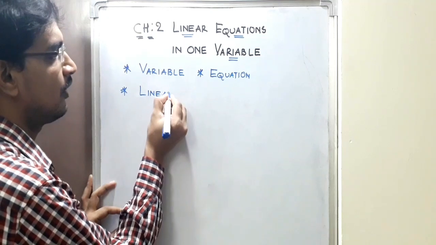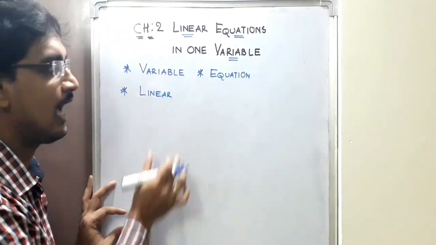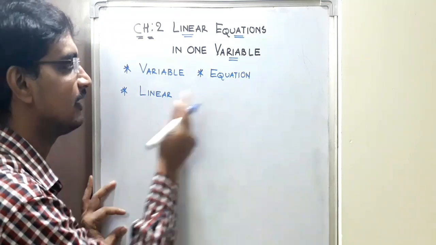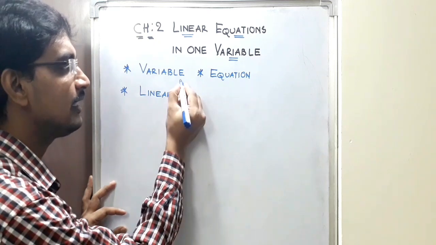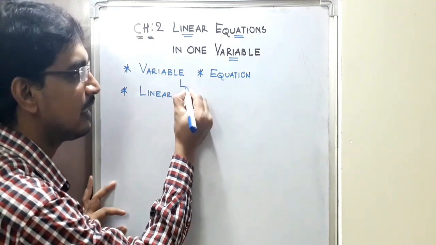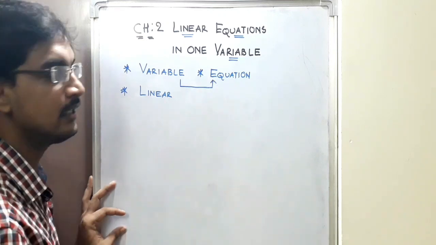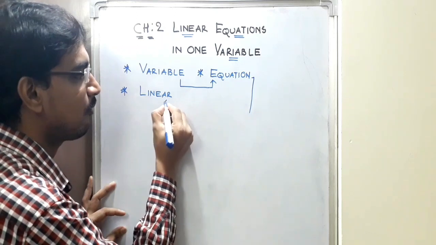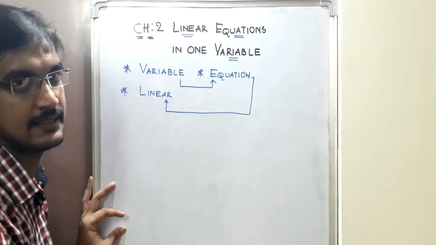Though the chapter comes with these words in reverse order, I am writing variable first, equation next and linear last, because variable is the root to get the equation. And through this equation you will get what exactly the meaning of linear equation is.